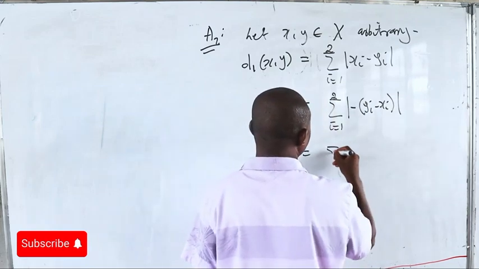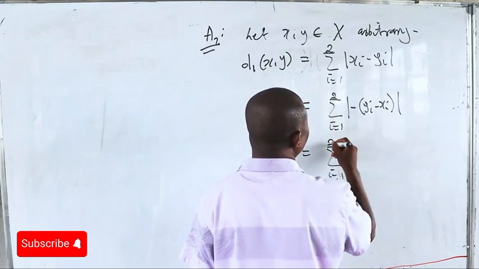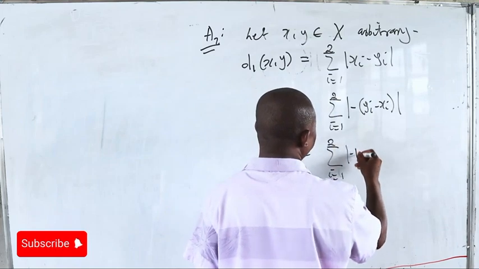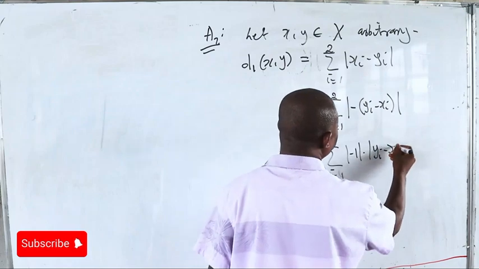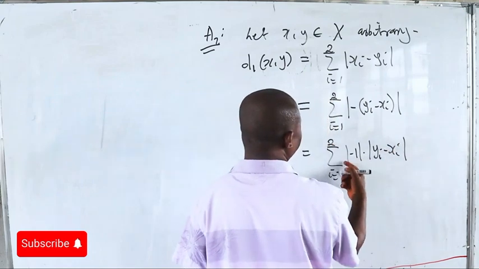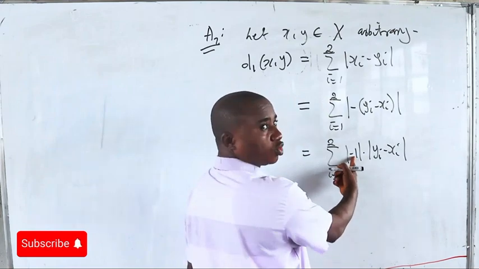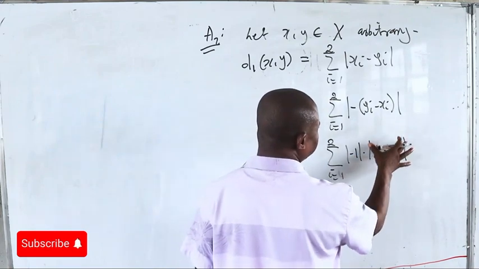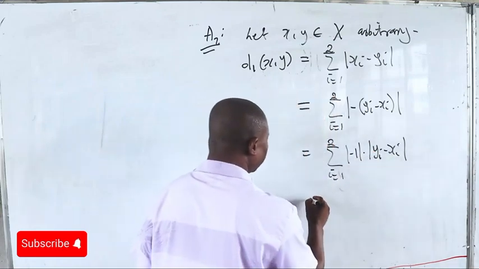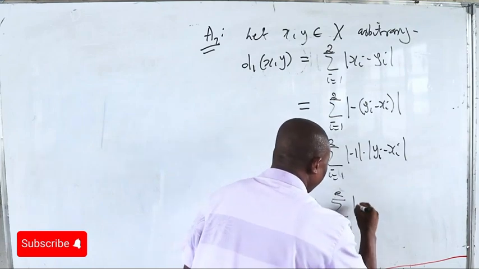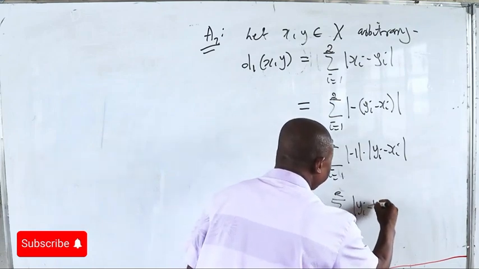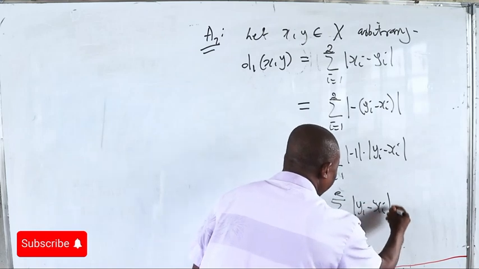and then this is the same as sum i from 1 to 2, absolute value of negative 1 times absolute value of yi minus xi. Absolute value of minus 1 is 1, so when you multiply, you get just this piece. So this becomes summation i from 1 to 2, absolute value of yi minus xi.